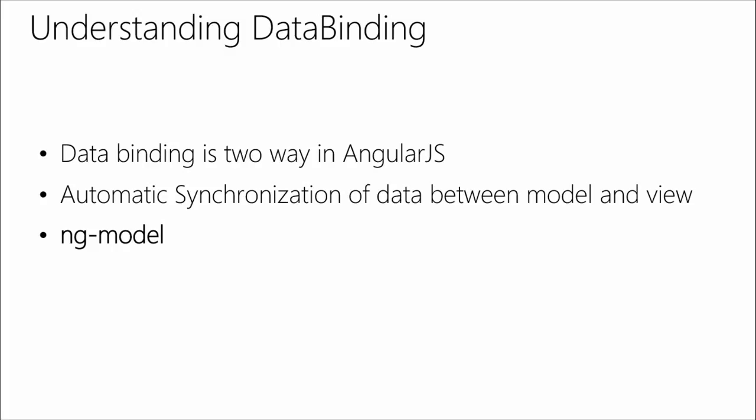And once again, we're not going to get into the modules or the controllers. I'm just showing you very basic functionality, an input that binds to that, so that you get a sense of where you start to see a little bit more of the power behind it. So data binding in Angular is two-way, and you get this automatic synchronization of data between model and view, right? And often you can do this through something called ng-model.